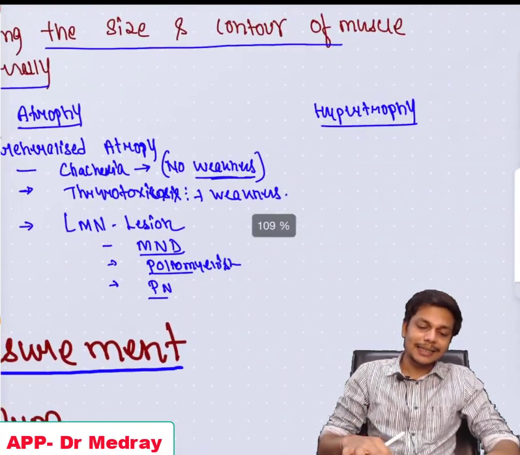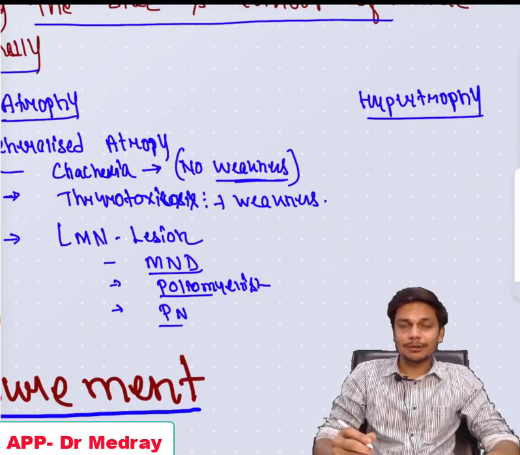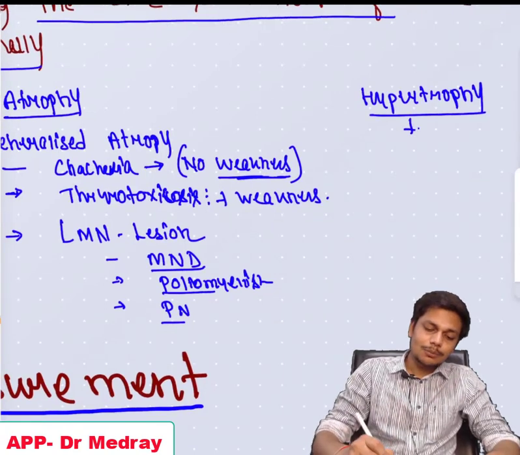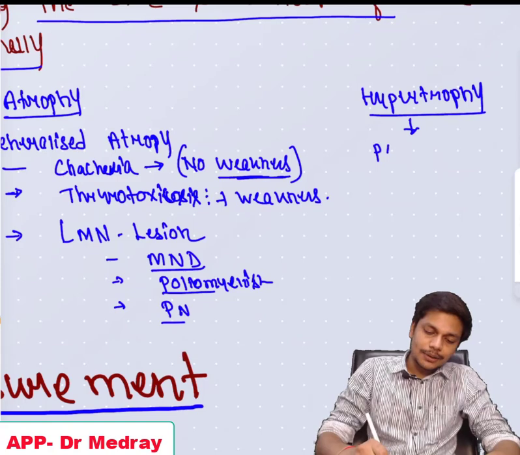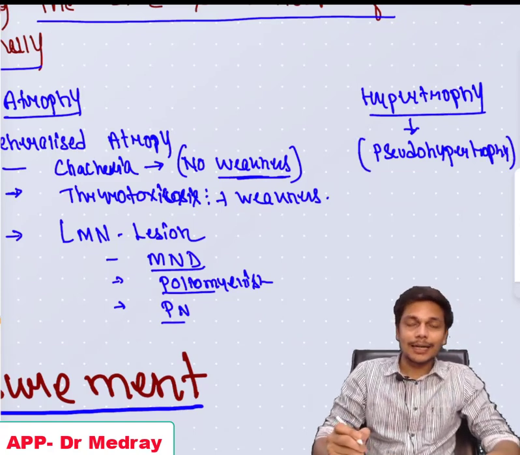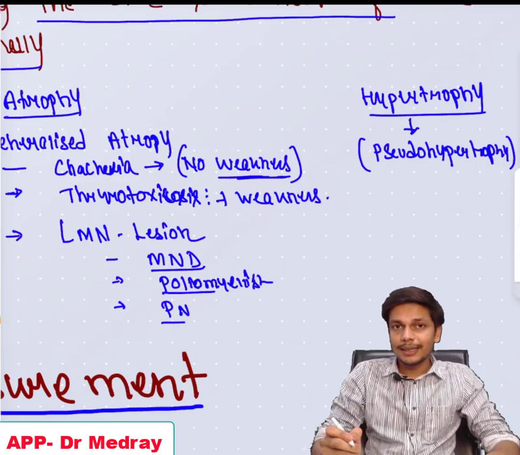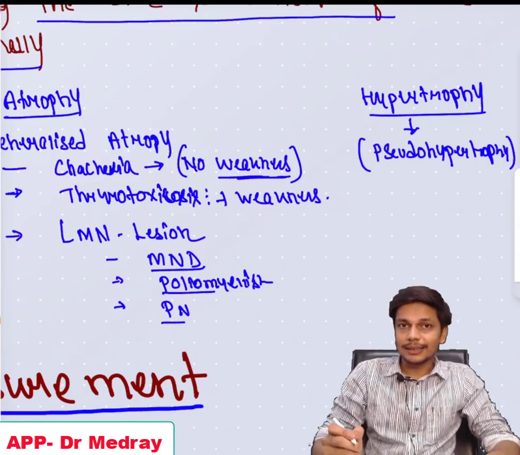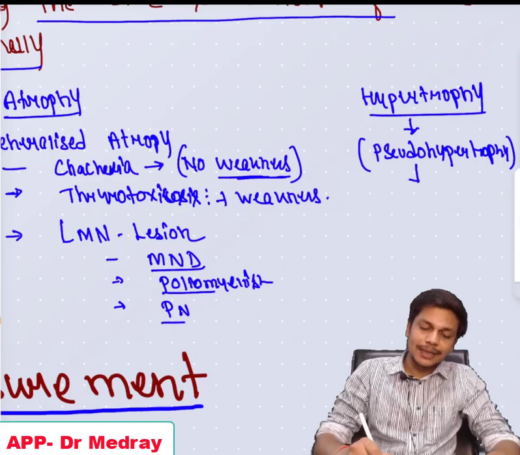Sometimes, very rarely, you can see hypertrophy of the muscle, and you can most likely see pseudohypertrophy. So what is pseudohypertrophy? Pseudohypertrophy is a condition in which the muscle is replaced by fat.